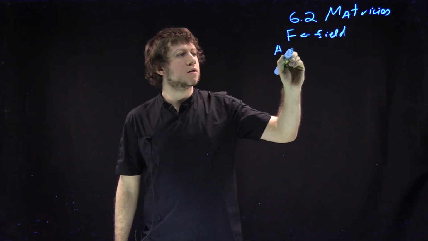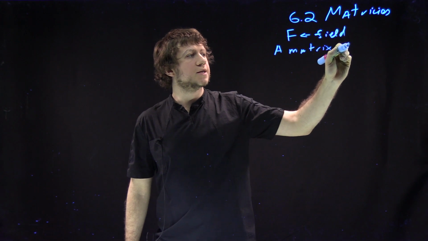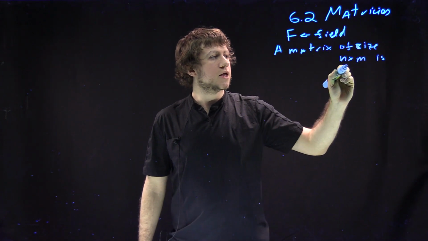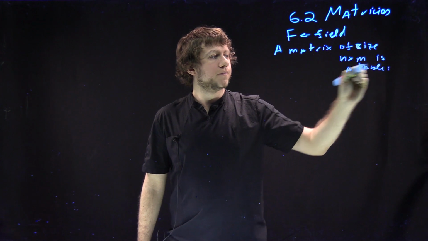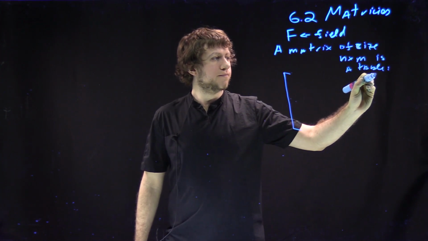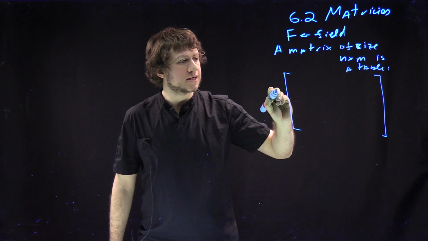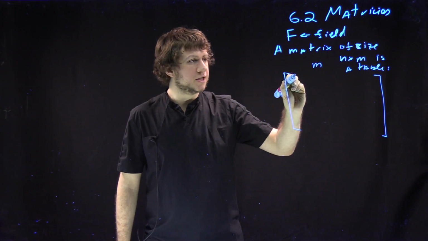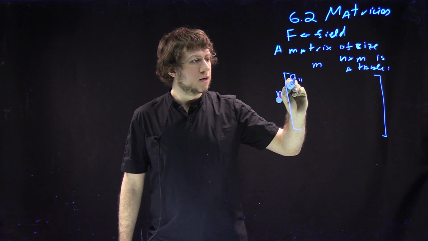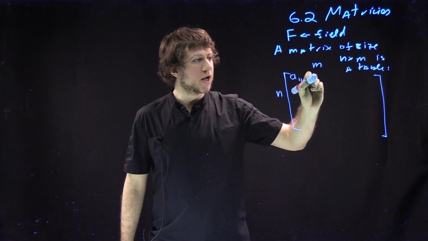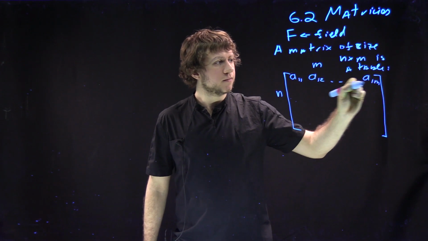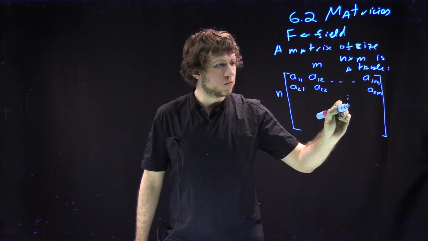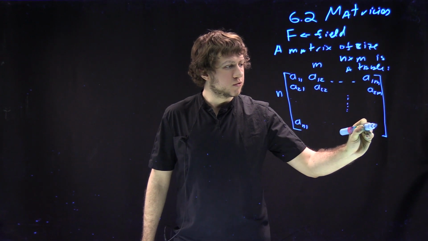And so a matrix of size n times m is a table where n by m says that it has n rows, m columns, and then you use double indices to write down labels here: a11, where the first one is row and the second is column, a12 up to a1m, a21, a22 up to a2m, and so on, an1 up to anm.